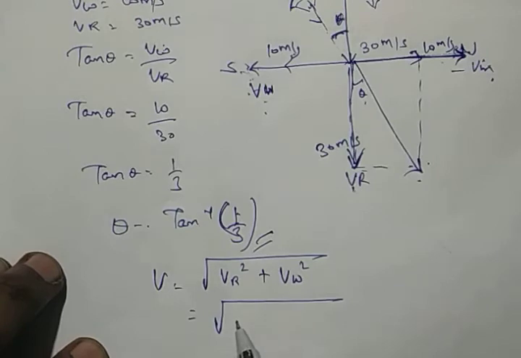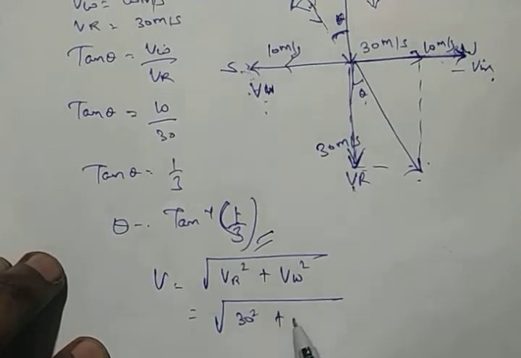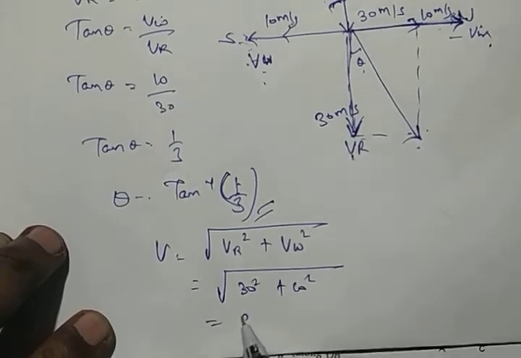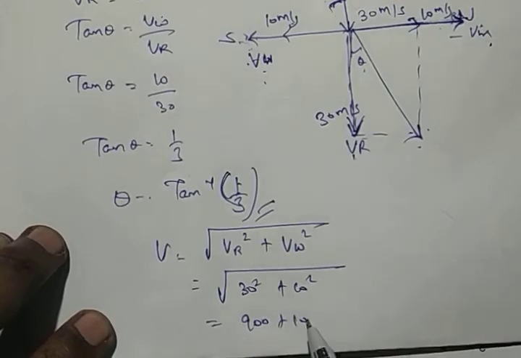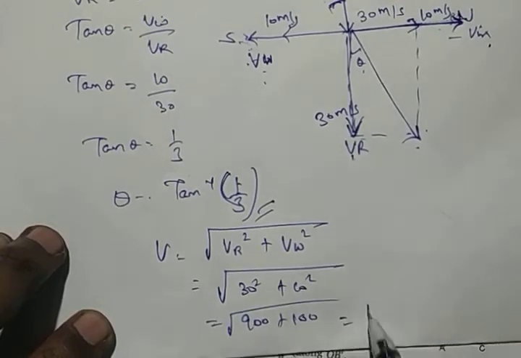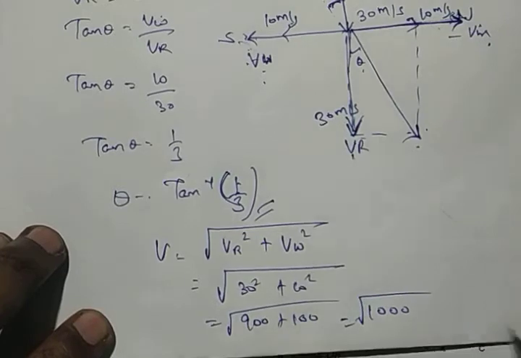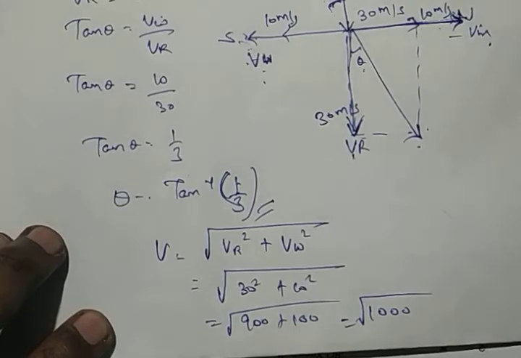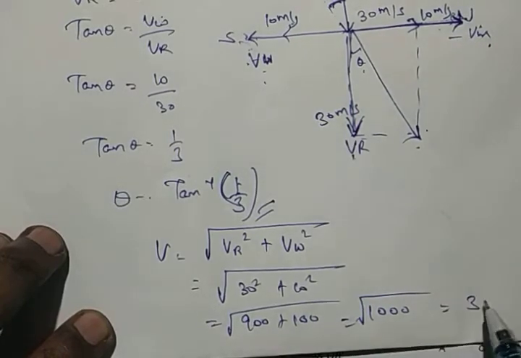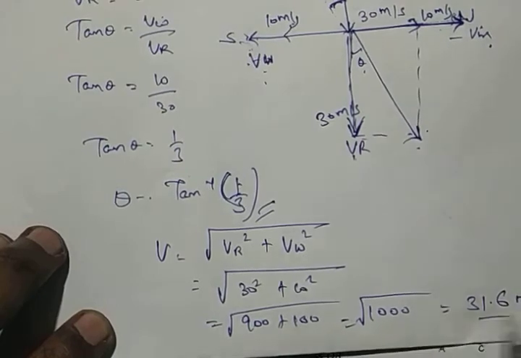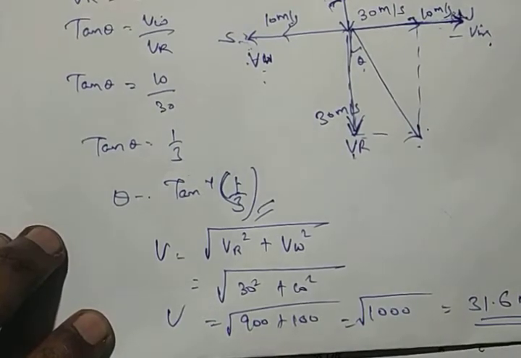Under root of 30 square plus 10 square, which is 900 plus 100, equal to under root of 1000, which becomes 31.6 meters per second. So that will be the velocity with which it will be hitting.